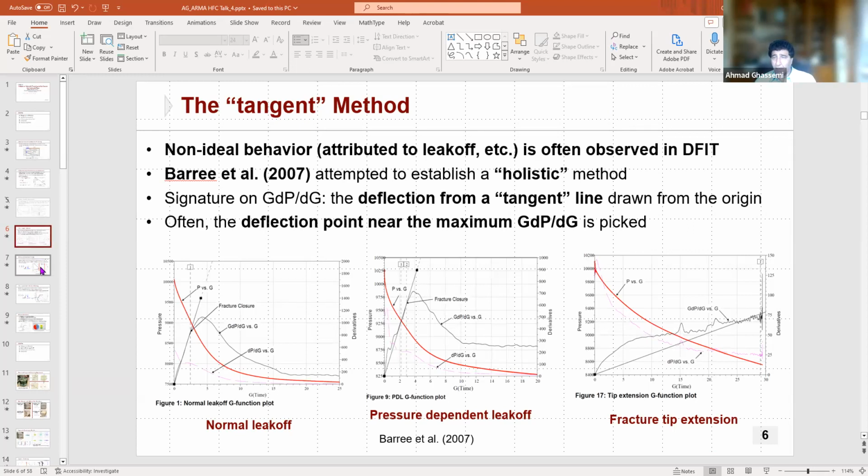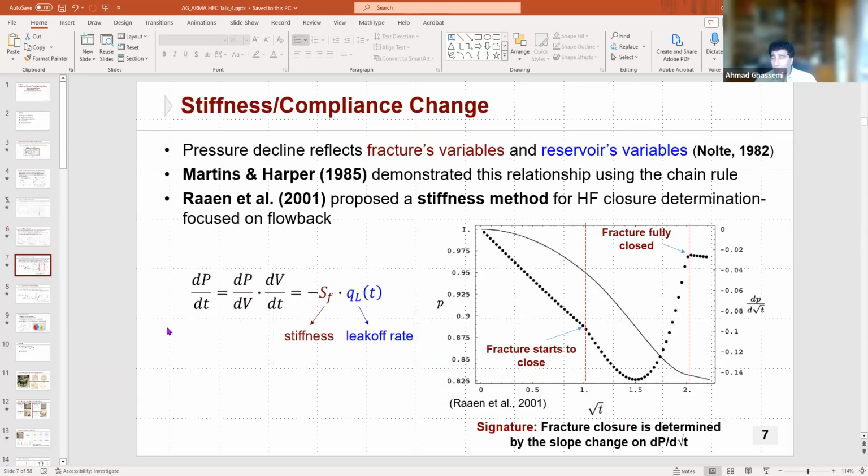There's also an investigation that considered the possibility of the fracture compliance not being constant. And that goes back to the study of Ron et al. in 2001.